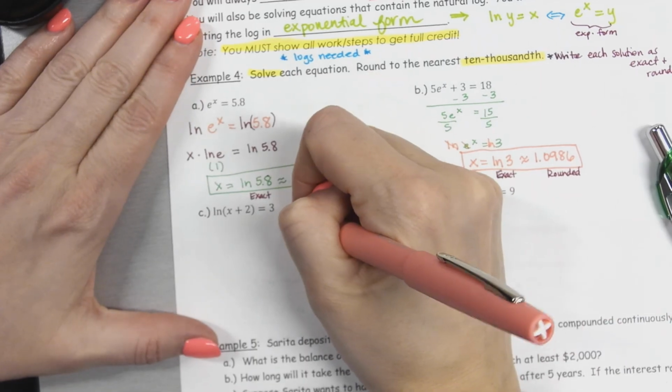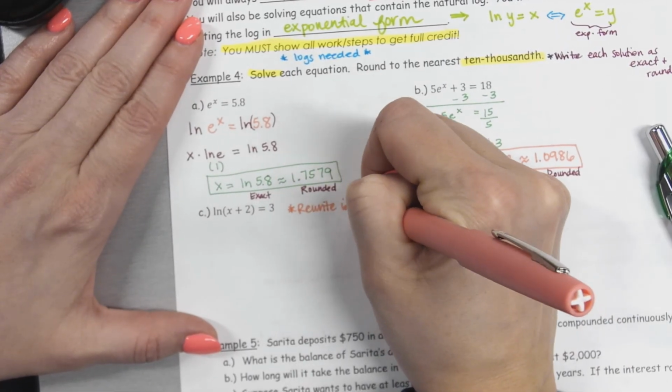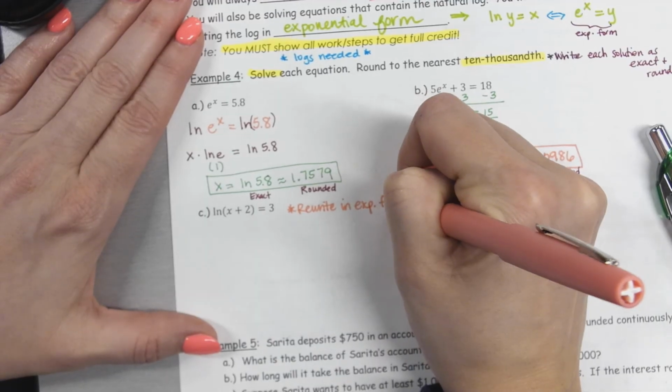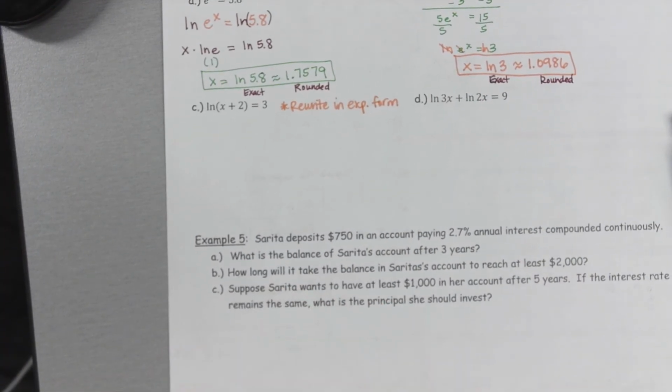Okay, the first thing we have to do is rewrite in exponential form. Okay, that is what you did in example 2. So I want you to look back there if you need a reference to write that in exponential form. Okay, if you want to go further after that, you can.